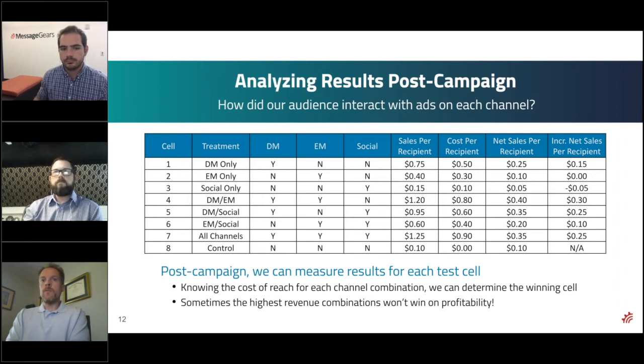Finally, the incremental net sales per recipient is really our financially characterized bottom line metric. It subtracts the control group performance from the 7 treatment test cells, 1 through 7.